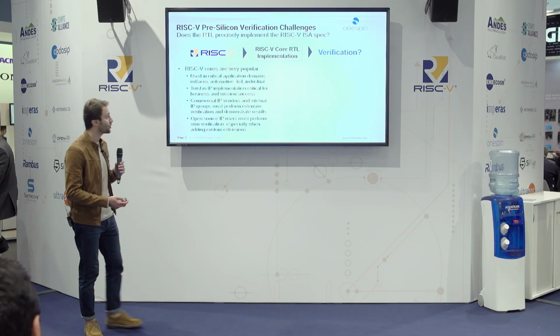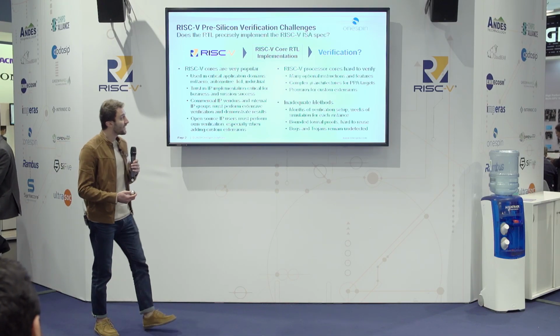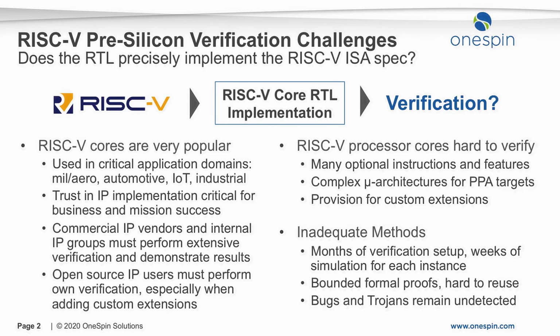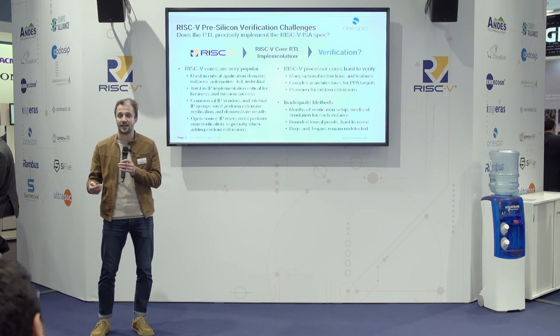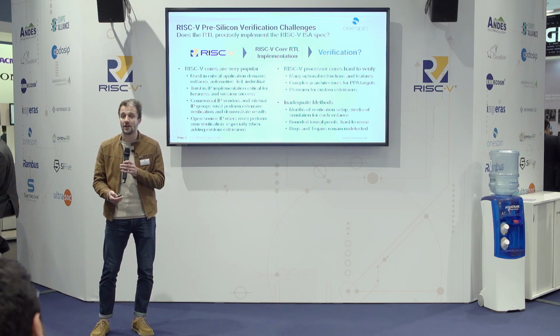And this process is not easy, due to the fact that RISC-V has many optional instructions and features that are provided for the user, as well as the microarchitecture variety that it supports in terms of the pipeline depth and the execution of instructions. Is it in order, out of order? And on top of that, there's a provision for custom extensions that users could add as well. So this makes it really complex and hard to verify.